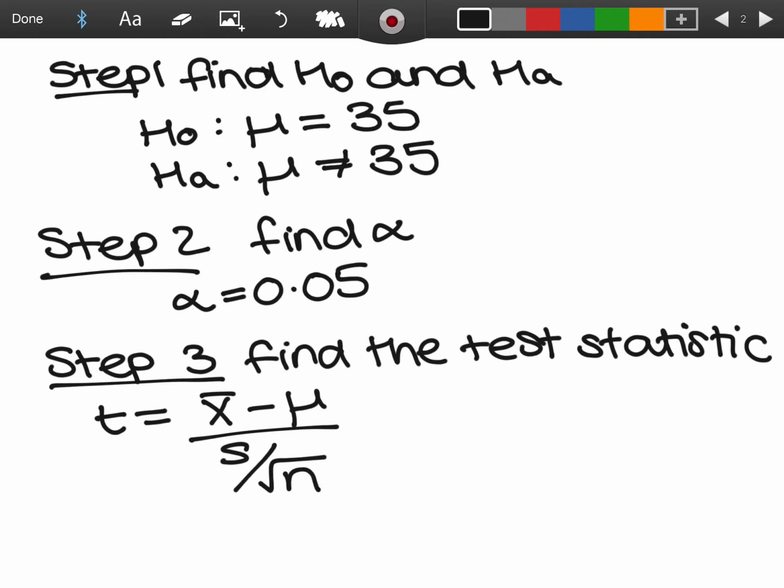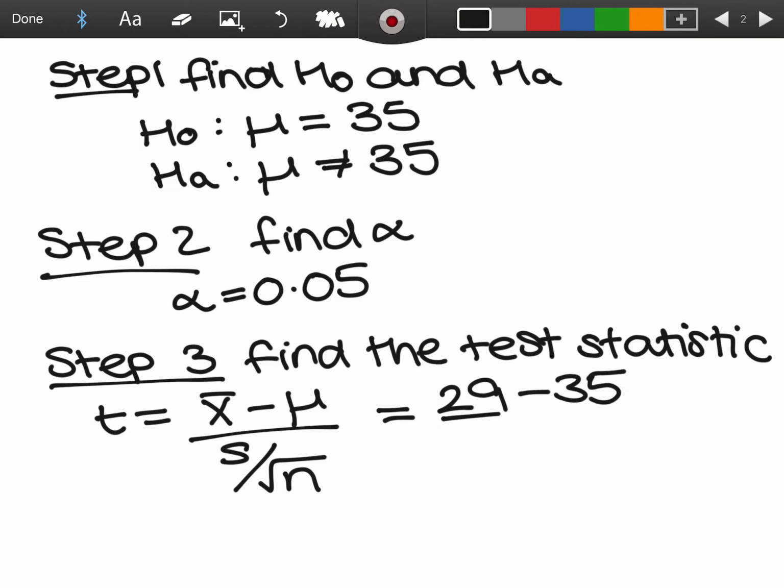So this is the formula that we will use for our test statistic. All this is doing is taking a t-score, a t-value, for the sample mean that we have been given. It's the same formula that we used when we did confidence intervals and we had to find a t-value. So we know that our sample mean is 29.